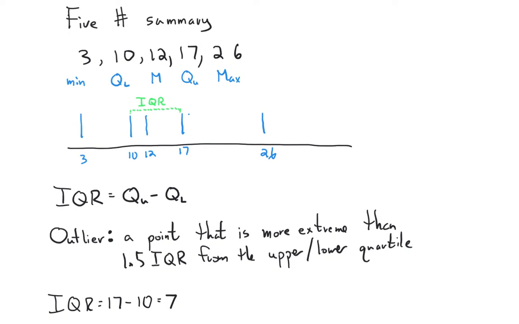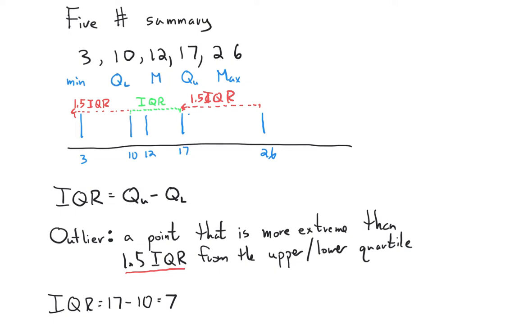And it can be shown statistically a good choice is 1.5 IQRs past the upper quartile, or 1.5 IQRs in the other direction, less than the lower quartile. We can call them fences, an upper and lower fence.